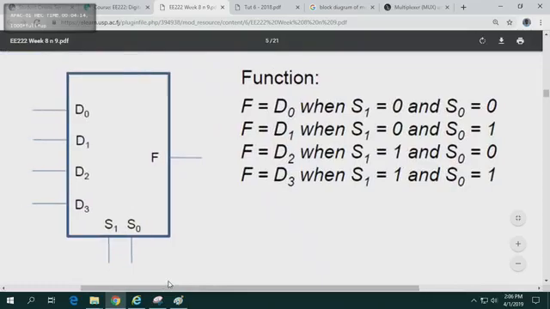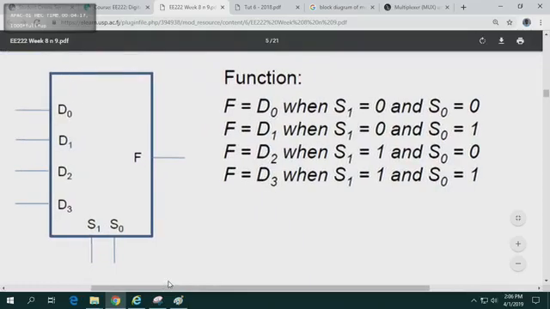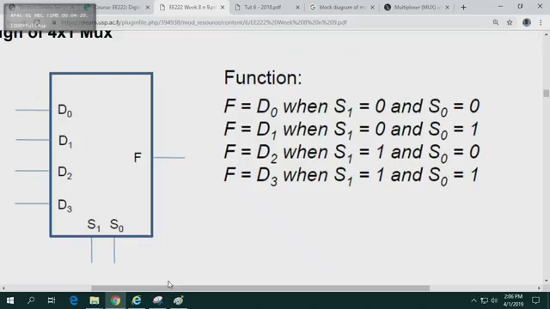Can you see there are 4 data lines, D0, D1, D2, D3. Those 4 data, they're coming from somewhere. It may be 4 different sensors. And the selector over here is selector 0, selector 1, 2 selector lines. And there's only one output line.